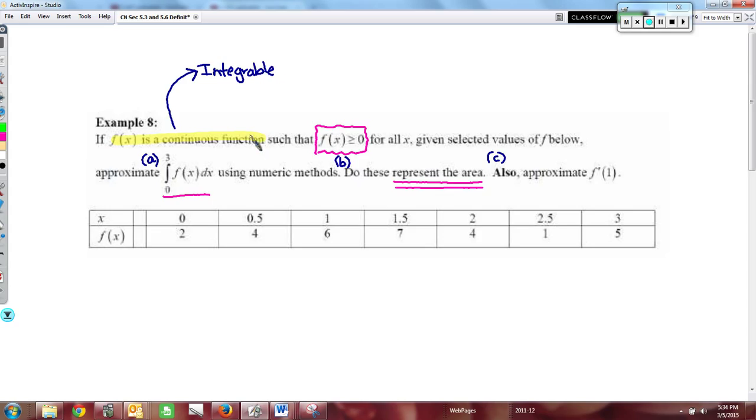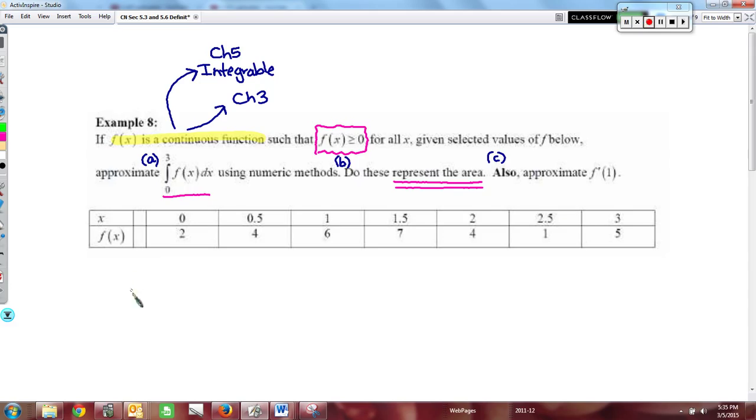We also know from chapter 3 that for any function that is continuous, as long as we have no cusp or unusual steepness, we are going to be able to estimate a derivative. So they're asking us to approximate f prime of 1. We're going to assume that f prime of 1 exists, there's not a cusp there, and so we're going to use values in the table to help us approximate that.